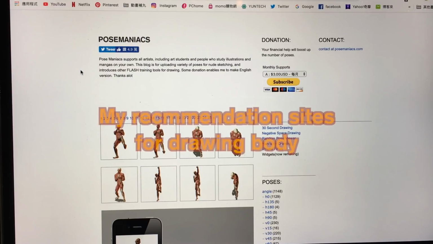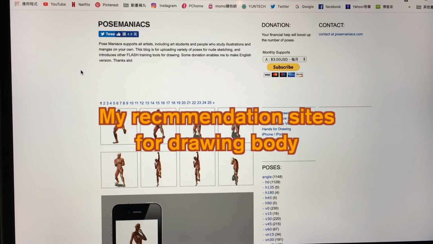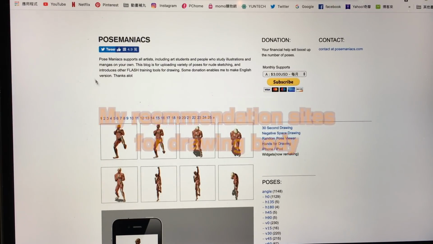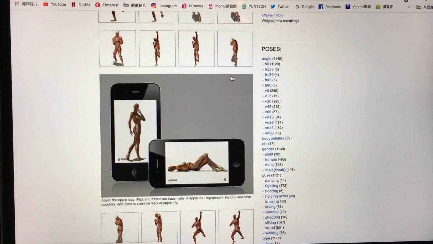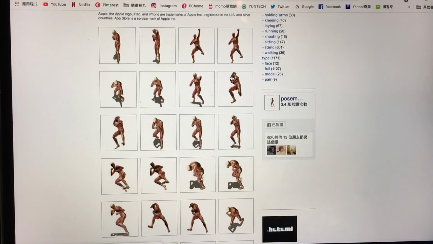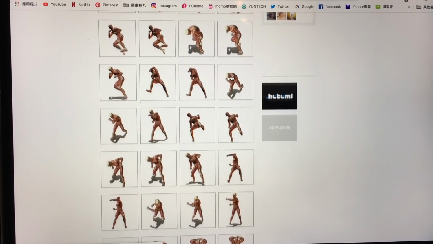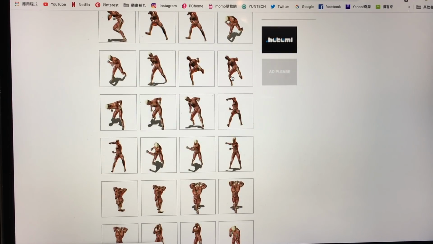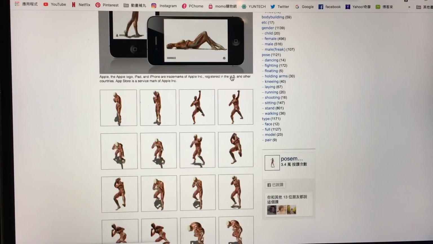Okay guys, so here are some recommendations for you to draw bodies. The first one is this website called Posemaniacs, and it has so many different poses and human body, muscle, anatomy, gestures, whatever.